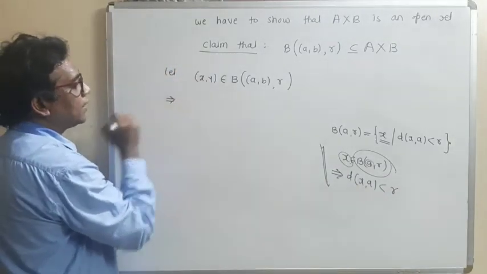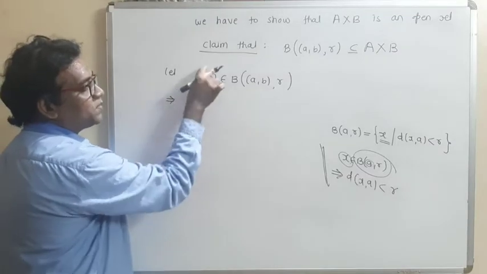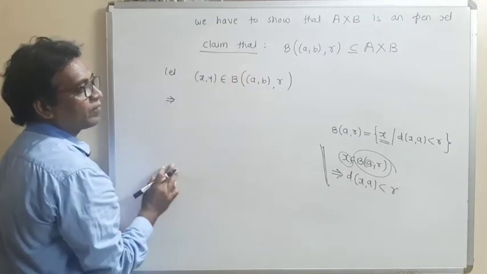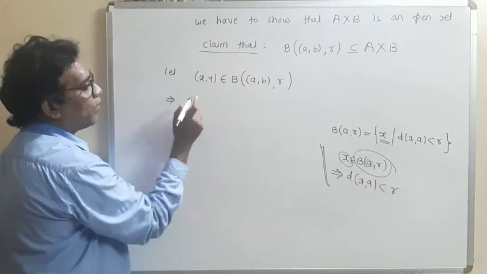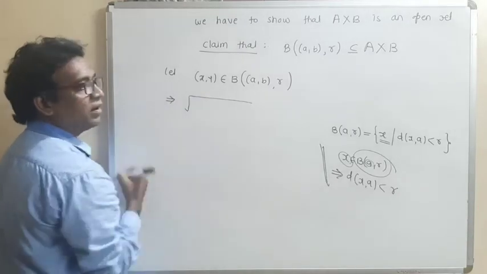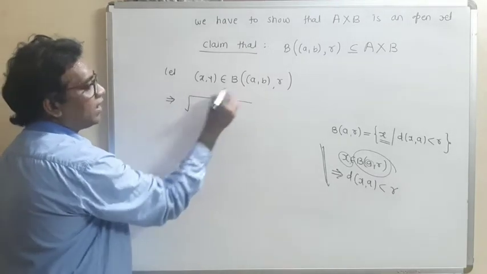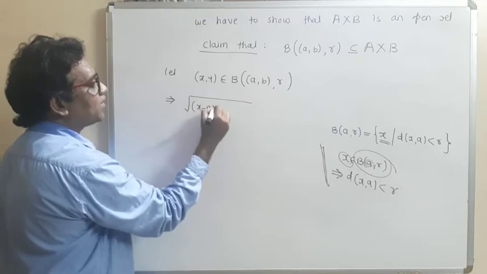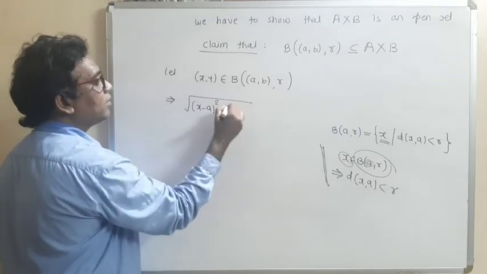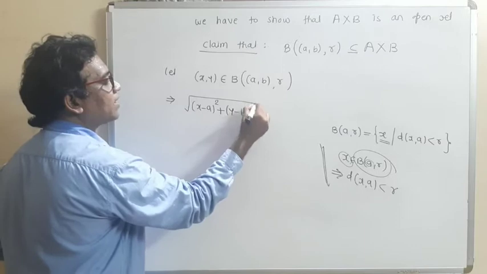This implies that the distance between (x, y) and (a, b), the distance between two points, is given by the formula square root of (x minus a) squared plus (y minus b) squared.